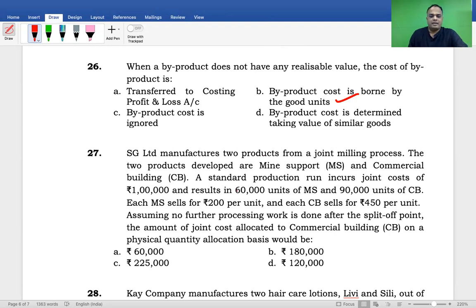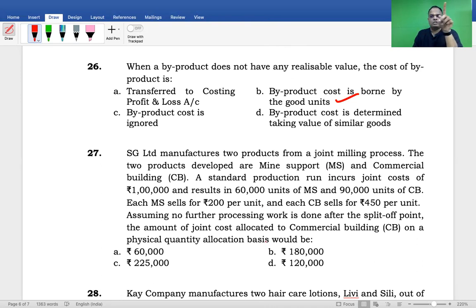Next, SG Limited manufactures two products from a joint milling process. The two products are MS, mine support, and CB, commercial building. The standard product run incurs a joint cost of 1 lakh and results in 60,000 units of MS and 90,000 units of CB.